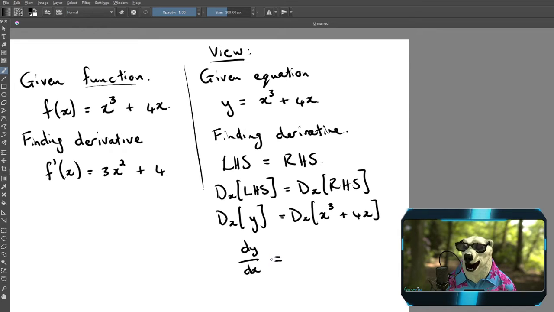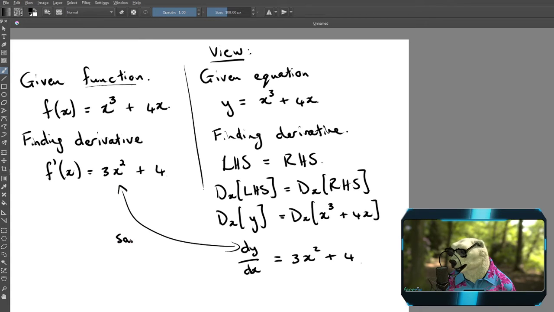So all I can say is, the left-hand side is the derivative of y. I don't know what else to say, so I'll leave it like that. But on the right-hand side, I do see the detail. So I know exactly what the derivative is going to be, and I can simplify that according to our familiar derivative properties. And of course, we're doing essentially the same thing, and our answer has to be the same. But it's all a matter of how I view the information.